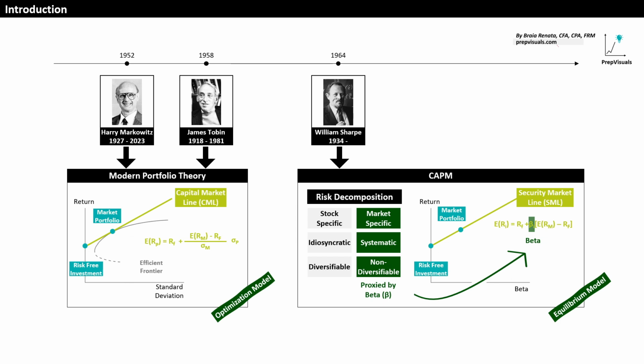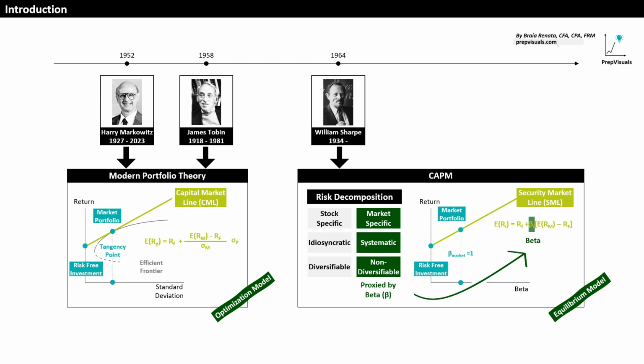In the case of the capital market line, the market portfolio is the tangency point with the efficient frontier, while in the case of the security market line, the market portfolio lies at the point where beta equals 1, and this is because the beta of the market is defined as 1.